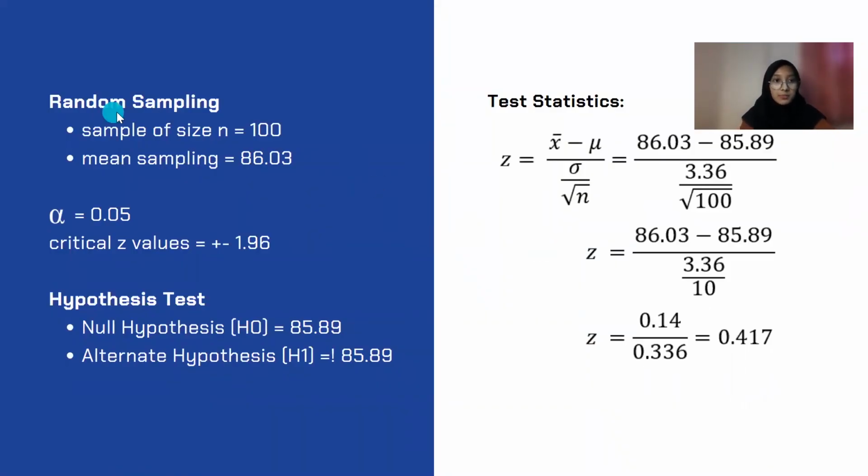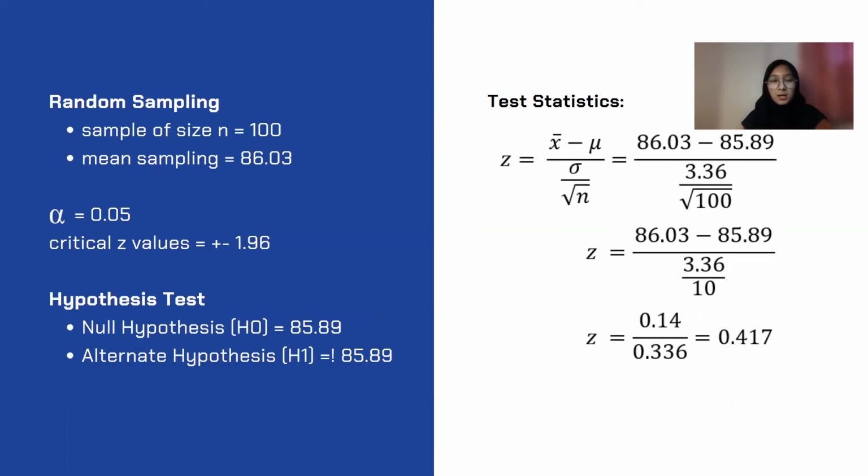I pick random sampling here with a sample size n of 100. From the random sampling, I found the mean of the sample is 86.03, and I used alpha 0.05.